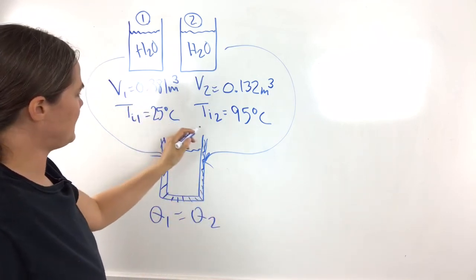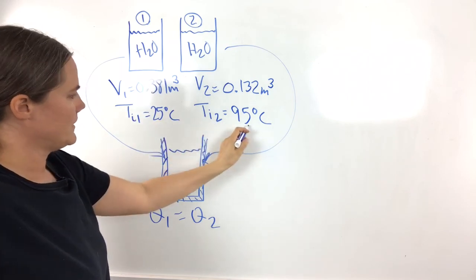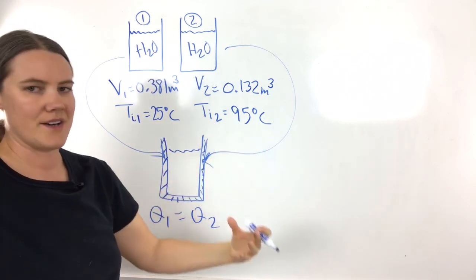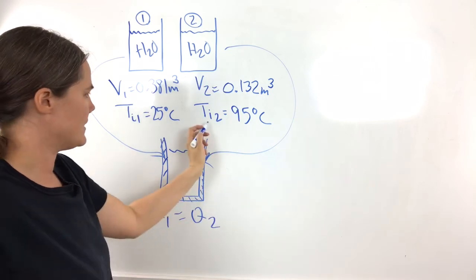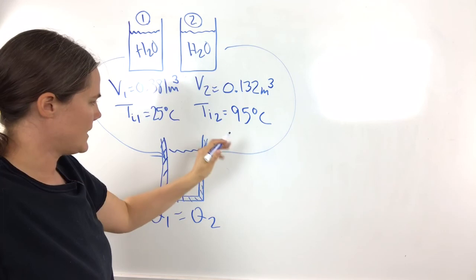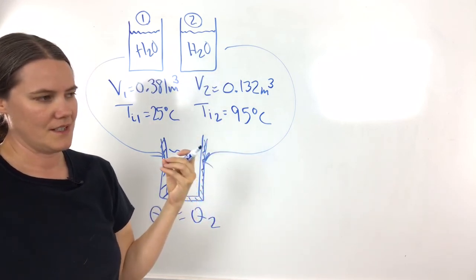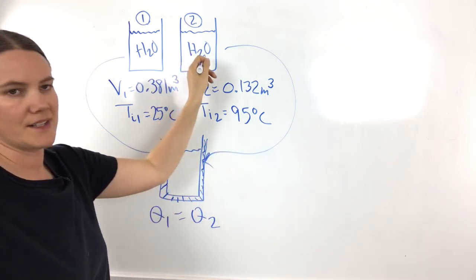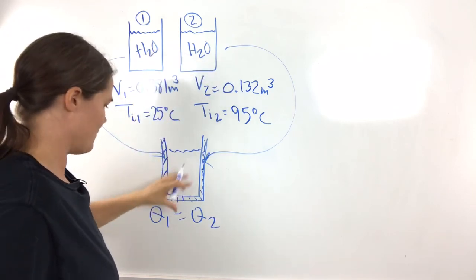So the heat is flowing from the hotter water to the cooler water. At T2, the heat is flowing from the water in cup 2 to the water in cup 1 once they're mixed together.